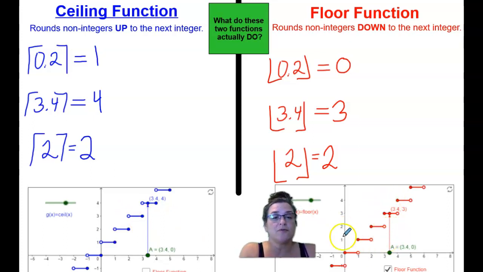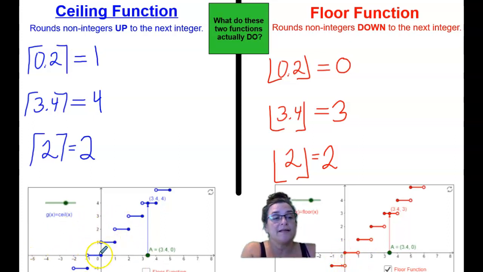So since this floor function starts with 0 inclusive, and then the floor of 0.1 is still 0, 0.2 is still 0, 0.3 is still 0, all the way up to 0.999, right? Because it creates this line segment between 0 and 1 non-inclusive along the x-axis, that's why it's starting closed and ending open.